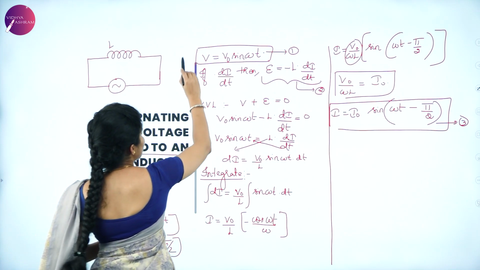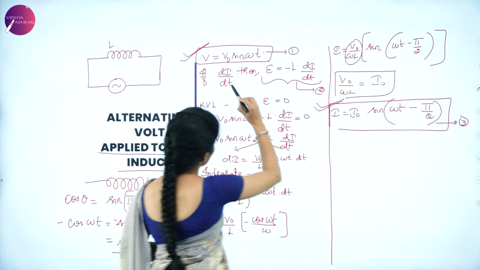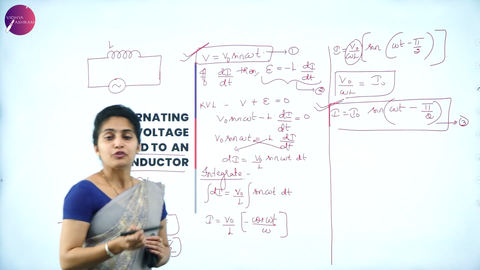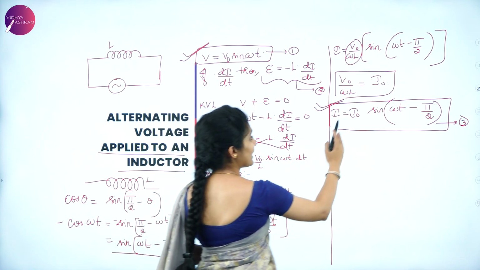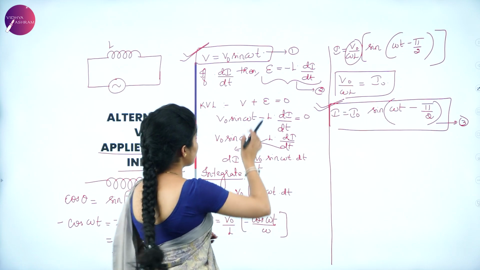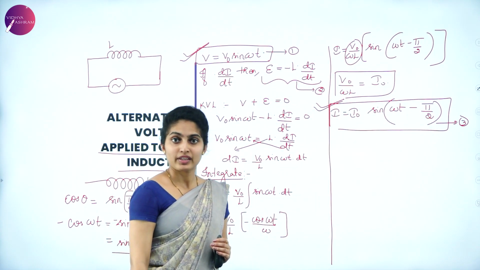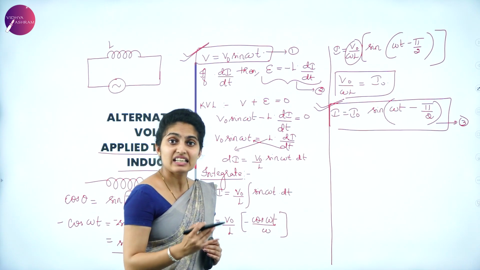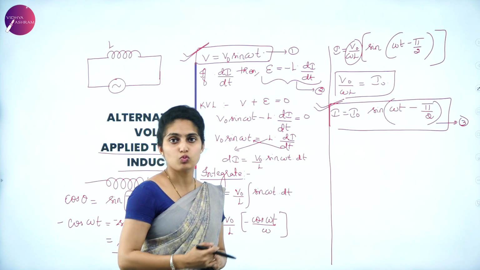Refer to the voltage and the current: voltage V is equal to V0 sine omega t, and current I is equal to I0 sine omega t minus pi by 2. The difference between these two equations is minus pi by 2. That means the current lags with respect to the voltage.